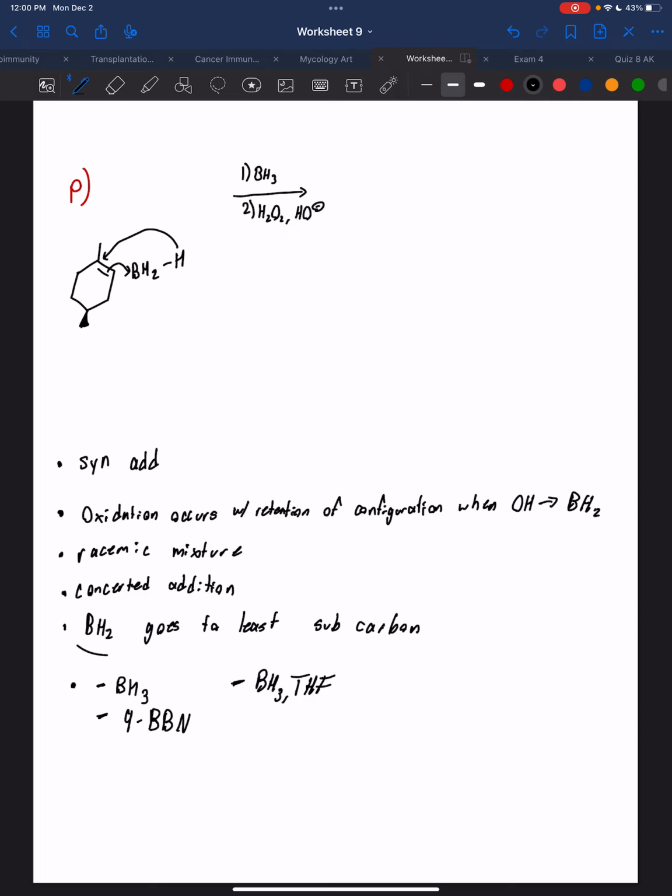Again, BH2 is going to the least substituted carbon, and that's why we're favoring certain sides with our arrows. And this is interesting. Make sure that you check my mechanism on this one, because it's just interesting that it does this. So I added my hydrogen on this side, and I added my BH2 on the other.